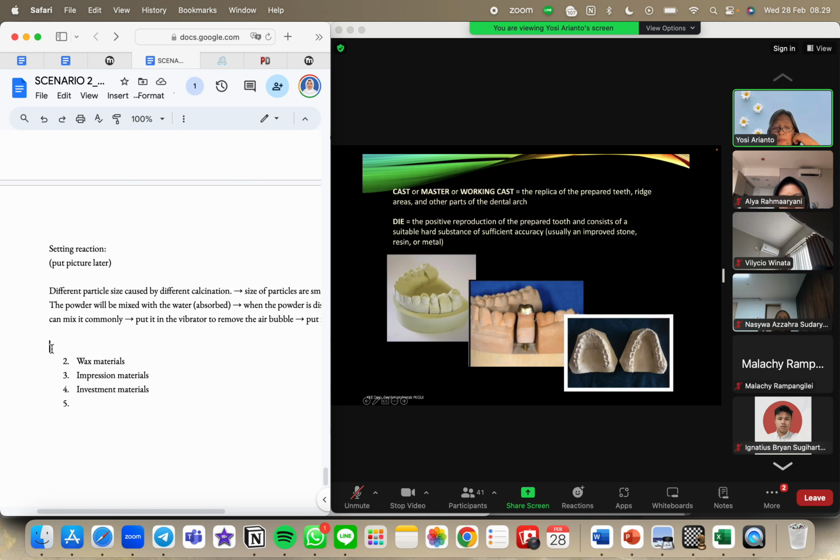This is the die, a reproduction of one tooth. We usually cut here and put some pins here so that it is easily removed for carving the crown with casting wax, if we would like to make a crown.